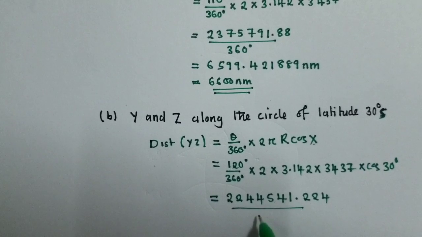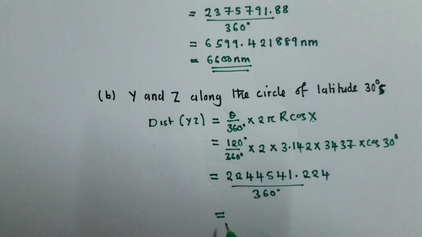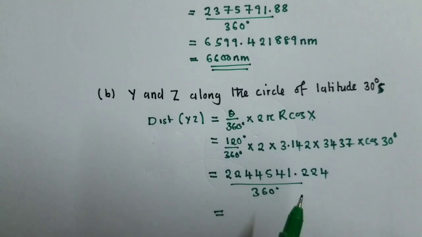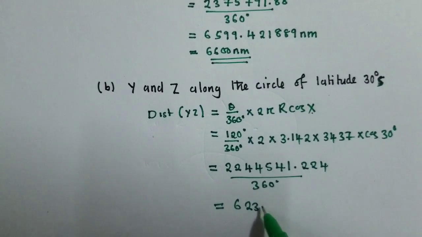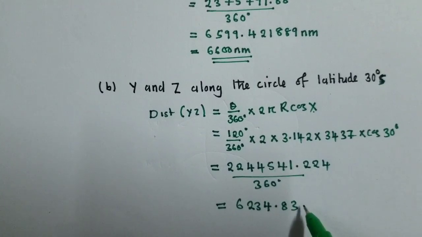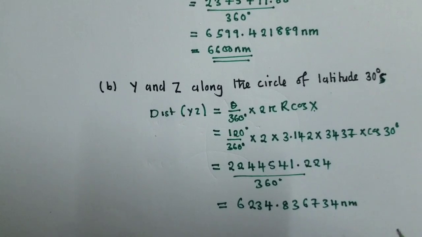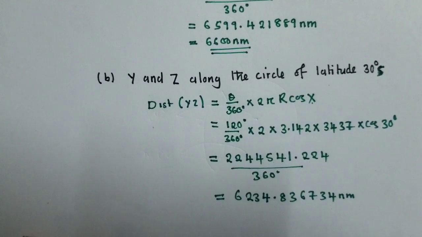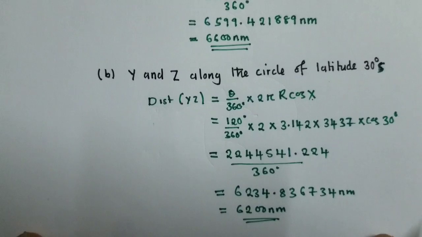Then we divide by 360 degrees, and of course we are getting 6234.836734 nautical miles. If we want, we can write our answer in 3 significant figures.